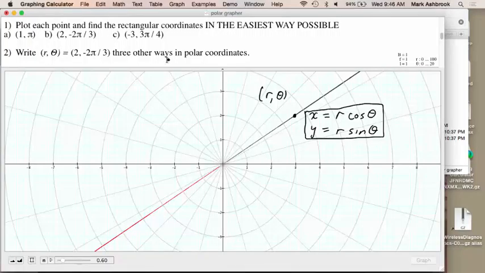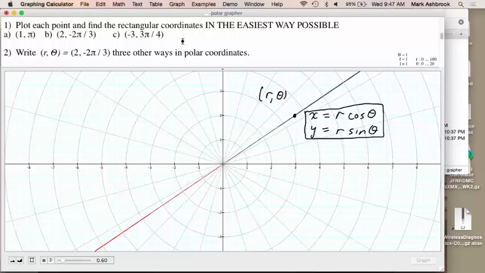So now I want you to do this. Yes, these are the relationships, but when you plot a point r comma theta, there are situations where you still want to have your brain on and think about it. Look at what you have, and you don't have to use these formulas all the time. So keep your brain on.